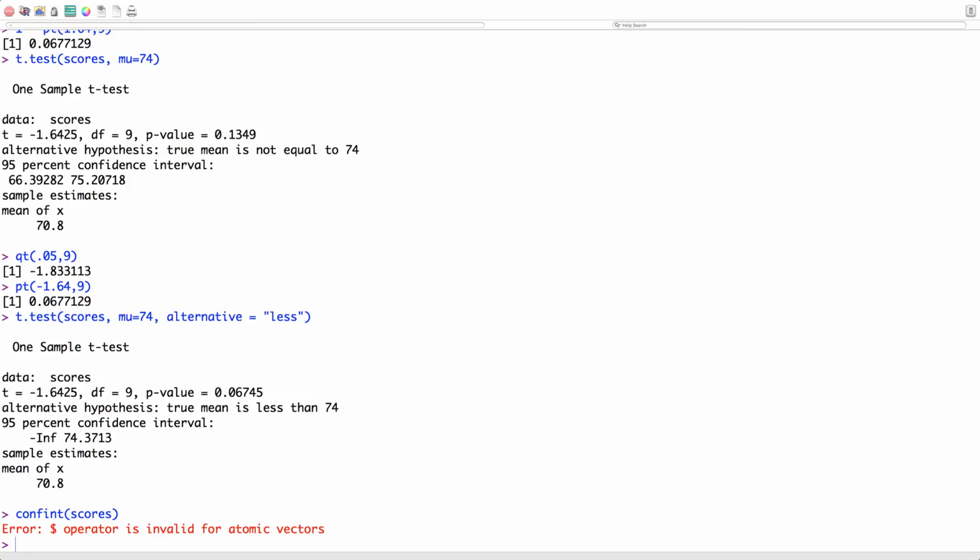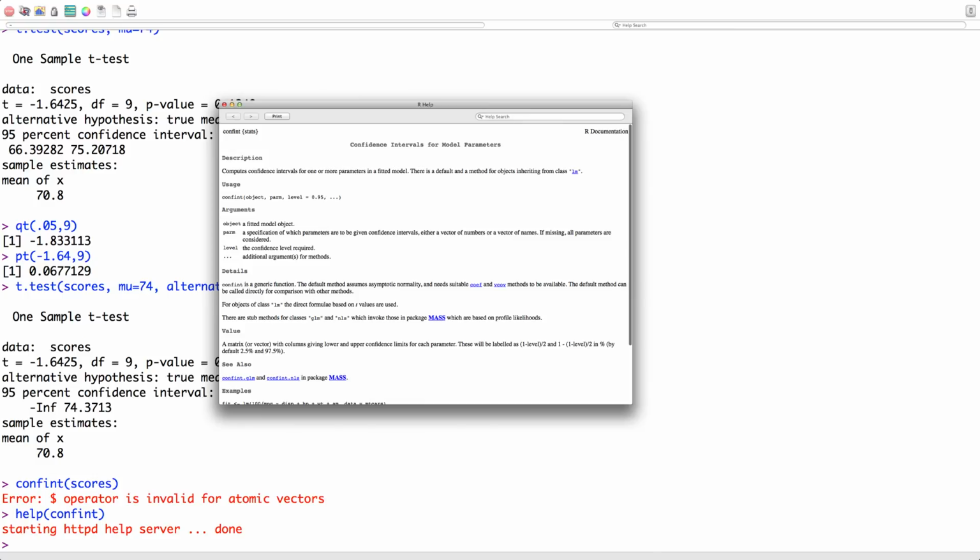Let me show you this. There's a cool feature to get help for confidence interval. It looks like we need our object, a fitted model object, and the confidence level required. Let's try this, level 0.95.